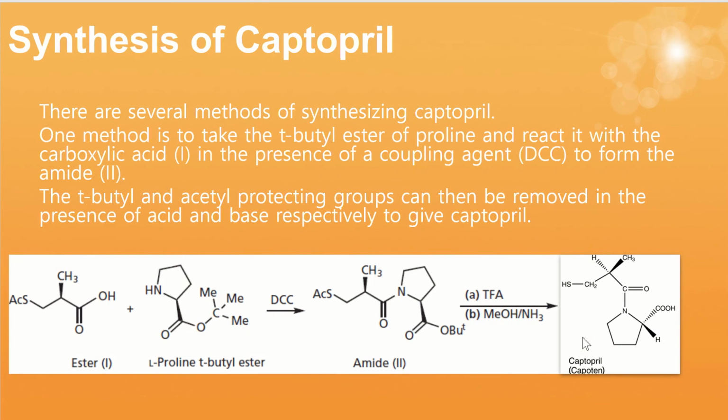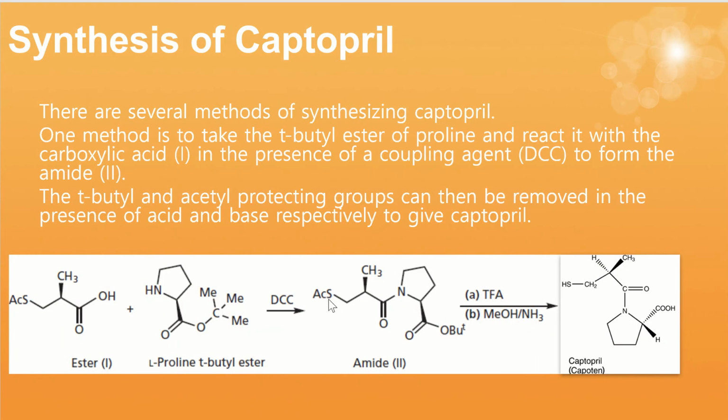Again, our protecting groups are T-butyl and acetyl. The acetyl functional group is here, protecting the sulfur, and the T-butyl is here, protecting the carboxylic acid, because it would get involved in the reaction, which is not desired.